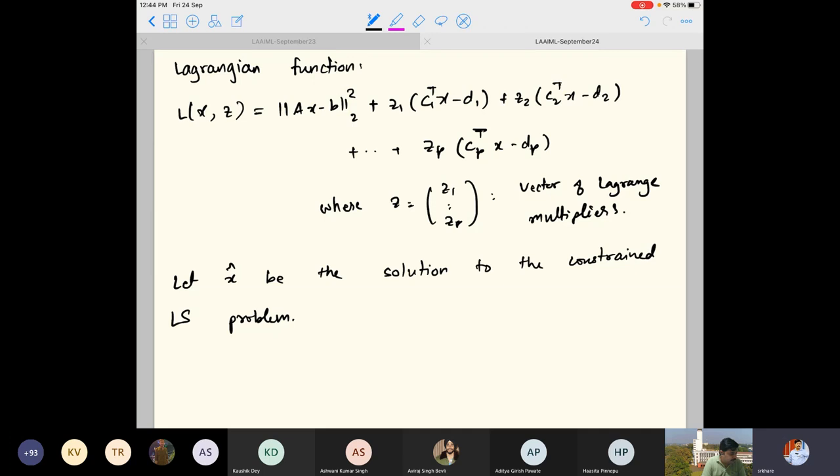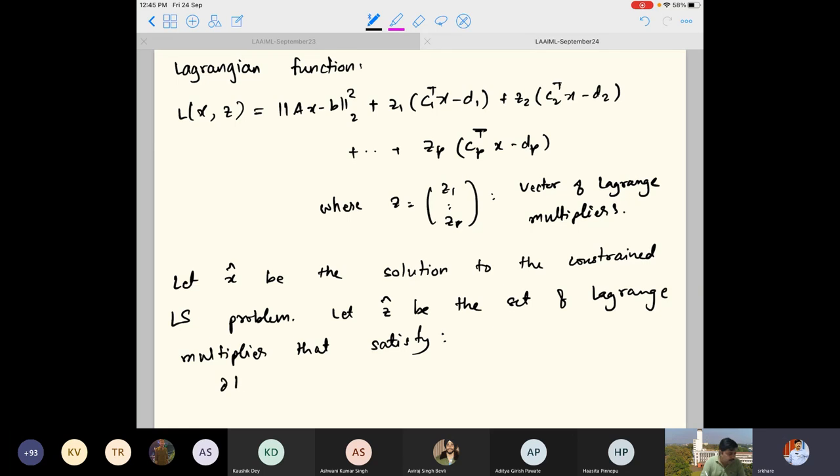and let z hat be the set of Lagrange multipliers that satisfy, so you'll write down those gradient equations, right?